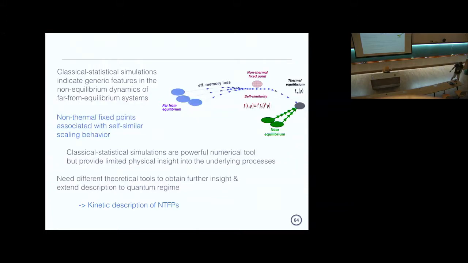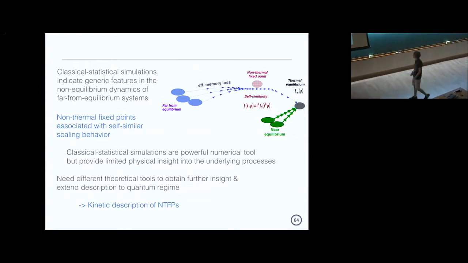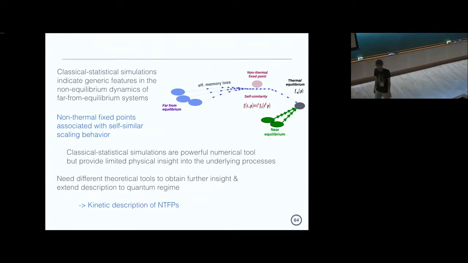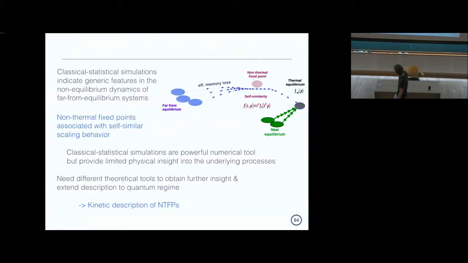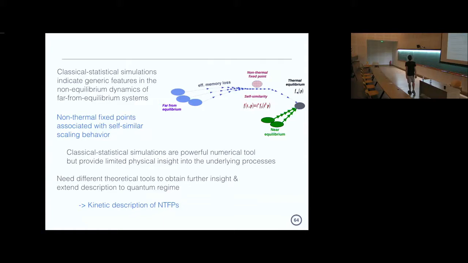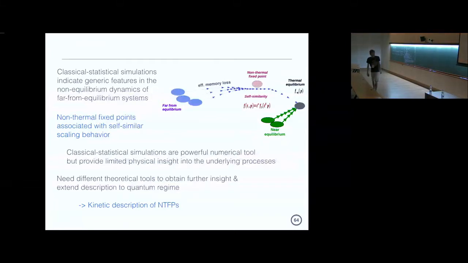So what have we done so far? We have established these classical statistical simulation techniques and convinced ourselves that this is applicable to study dynamics of really far from equilibrium quantum systems, states with very high phase space occupancy.